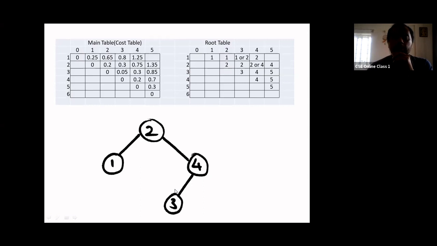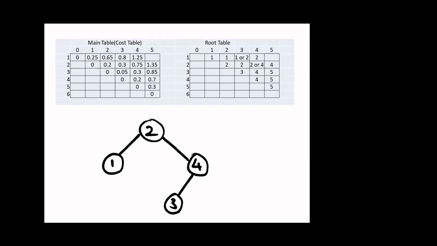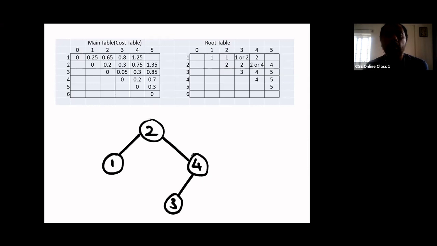Can you draw a tree for 2 to 5? So for 2 to 5, which is the root? 4. So the root becomes 4. If 4 is the root, then on the right hand side of 4, 5 is unanimously the right child, so there is no more computation. On the left hand side, we have 2 keys, that is 2 and 3. Among 2 and 3, which should be chosen as parent? 2.